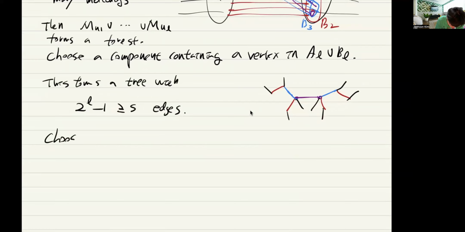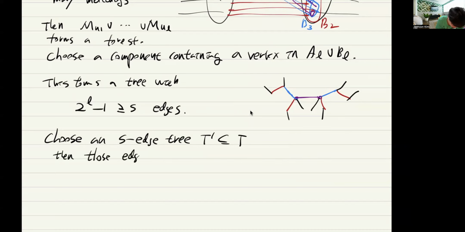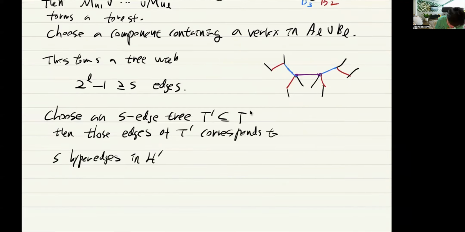Then what? We choose T prime, sub 3, then those edges of T prime, they correspond to S hyperedges in H prime, depending on a subset of what?